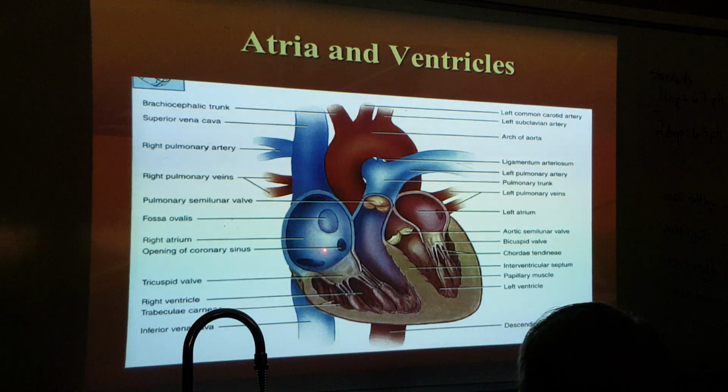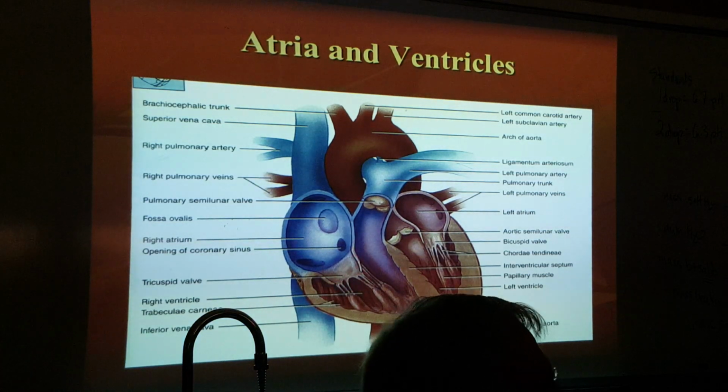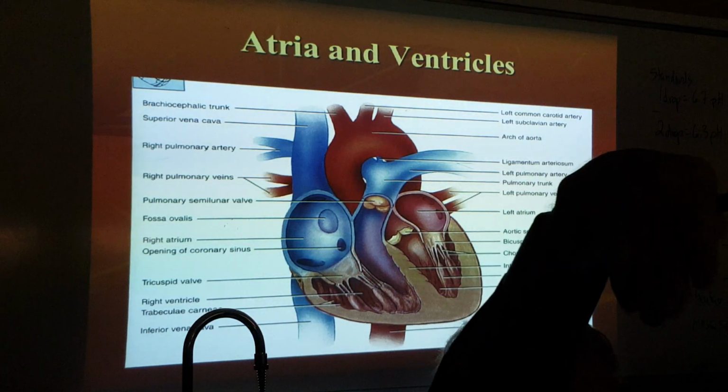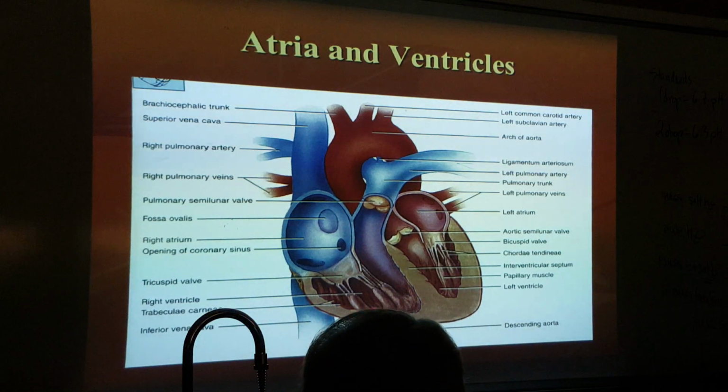Okay? And notice that the cusps of this valve are pointing downward, so that when this pumping chamber contracts, the blood is falling into this ventricle from the right atrium into the right ventricle.